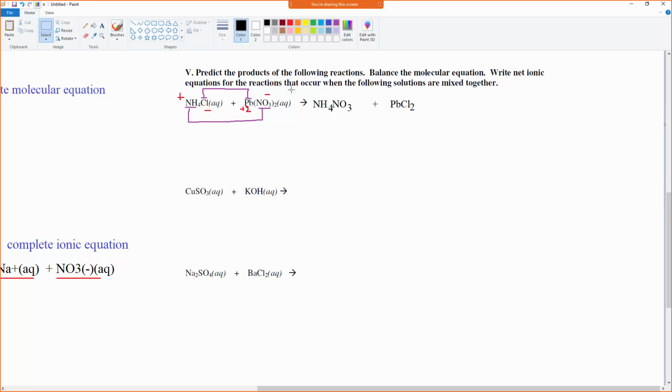All right. So we predicted the products based on the ion charges. Next, we need to balance it. How do I balance this guy?